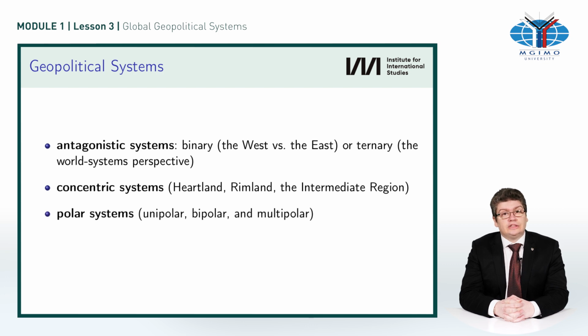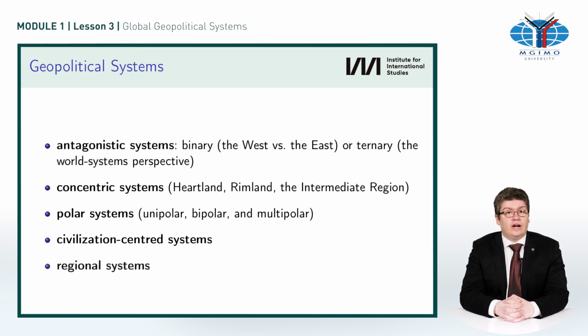There could be polar systems, where there exist dominant centers of power. Such systems can be further subdivided into unipolar, bipolar, and multipolar ones. Another type, civilization-centered systems, where the distribution of power occurs between sustainable historical and cultural areas. Finally, there are regional systems, where the distribution of power occurs between macro and meso-regions identified geographically.